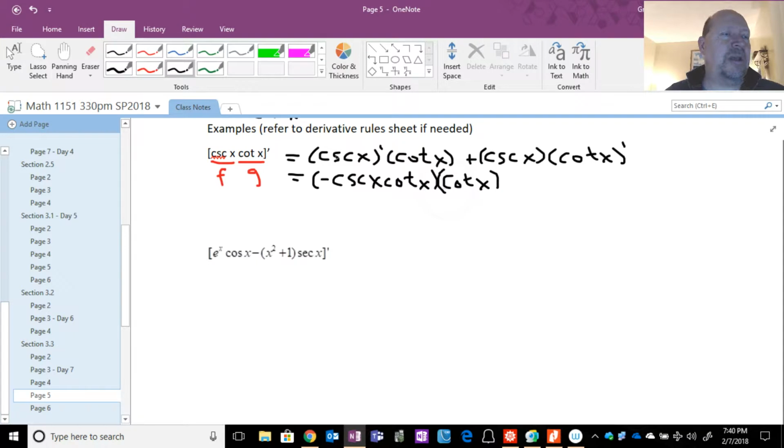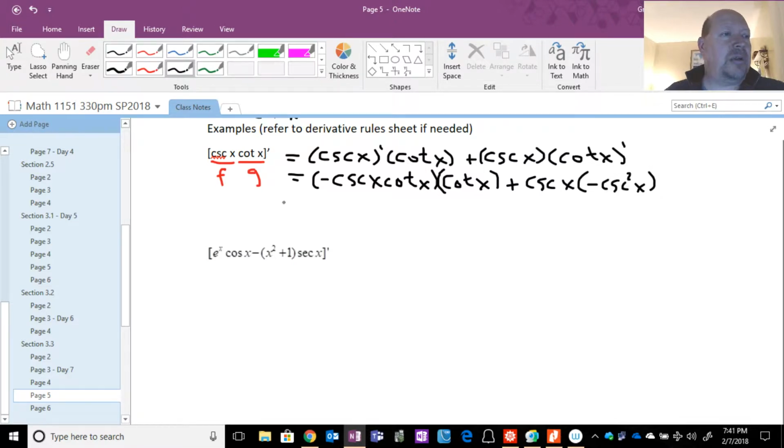That's by taking the derivative of cosecant and putting that in there. And then plus cosecant of x times the derivative of cotangent of x. The derivative of cotangent of x is negative cosecant squared. This will be negative cosecant squared x.